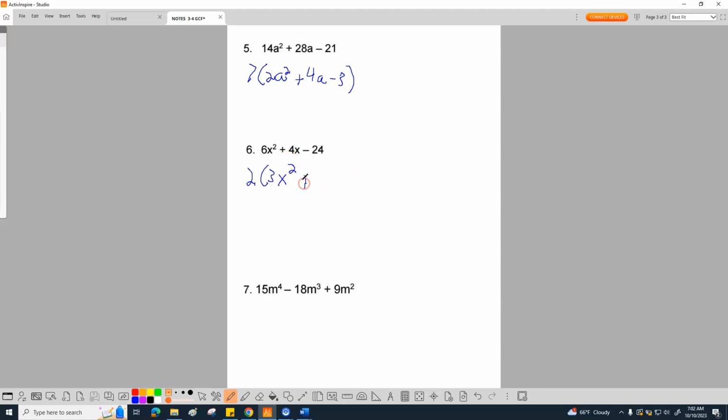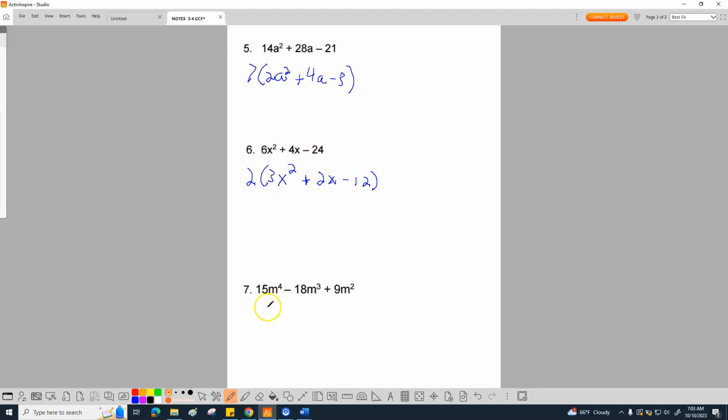You don't have to, but you can check it by basically distributing. If you were to distribute this 2 into there, you would have your original answer. So 2 times 3x squared is 6x squared. 2 times 2x is 4x. 2 times negative 12 is negative 24.